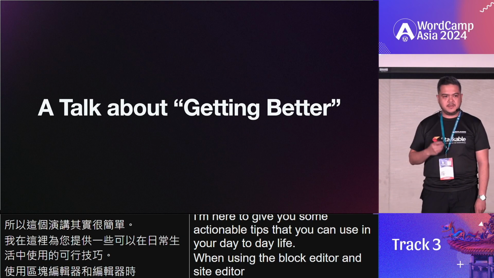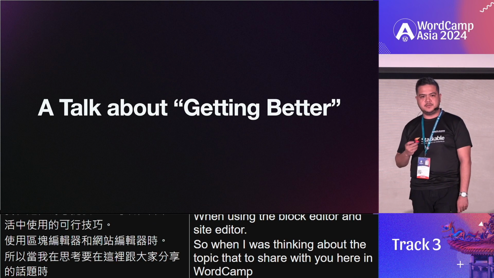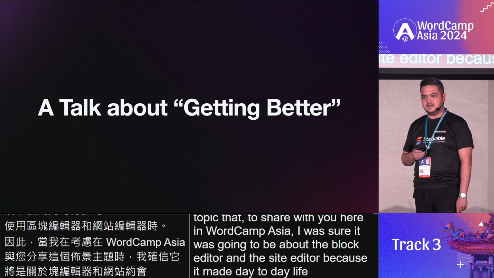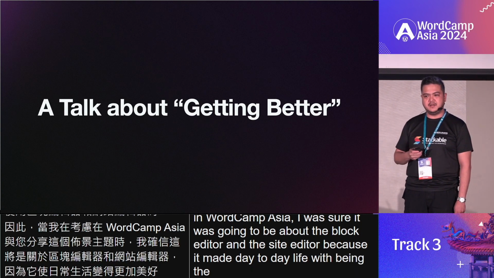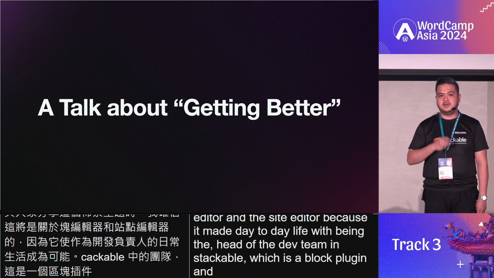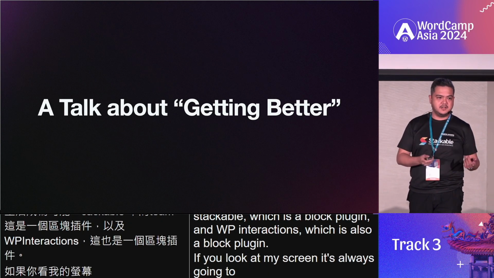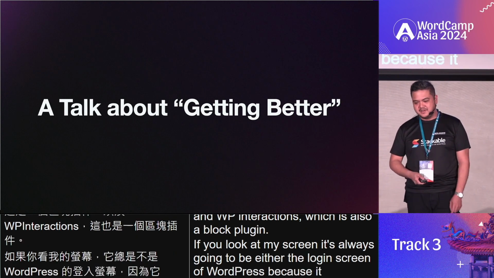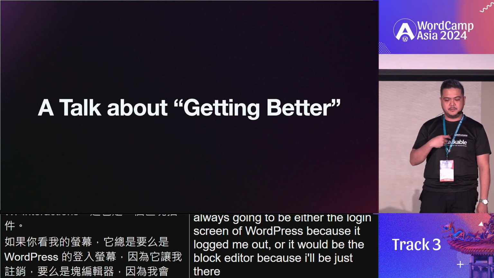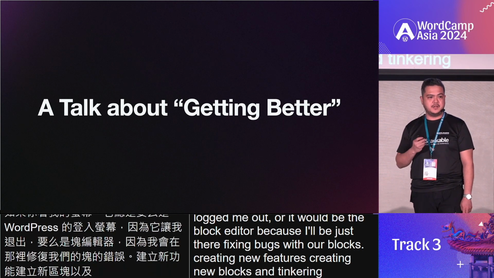When I was thinking about the topic to share with you here at WordCamp Asia, I was sure it was going to be about the block editor and the site editor. In my day-to-day life, as the head of the dev team at Stackable, which is a block plugin, and WP Interactions, which is also a block plugin, if you look at my screen, it's always going to be either the login screen of WordPress, because it logged me out, or the block editor, because I'll be there fixing bugs with our blocks, creating new features, creating new blocks, and tinkering around and exploring what the new things are.